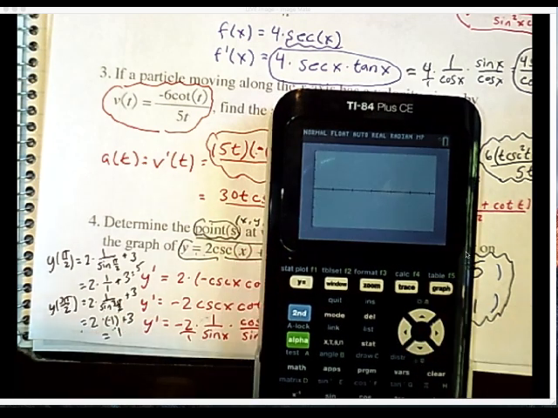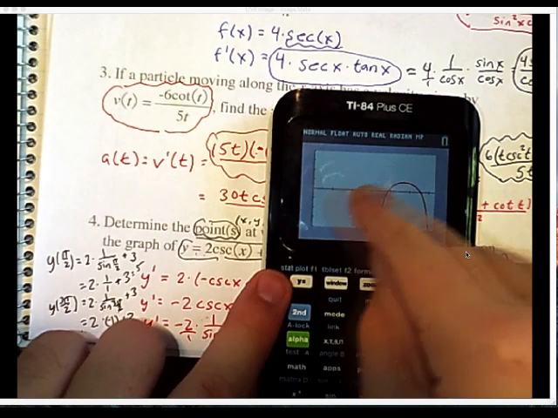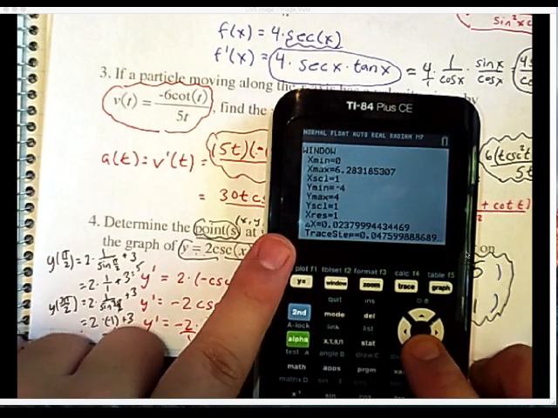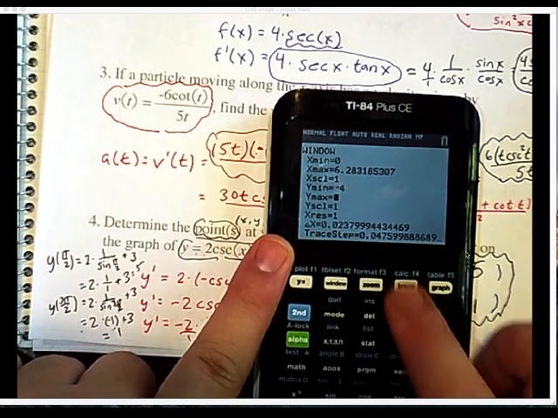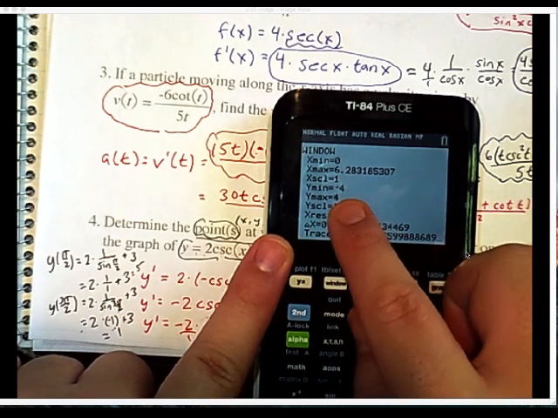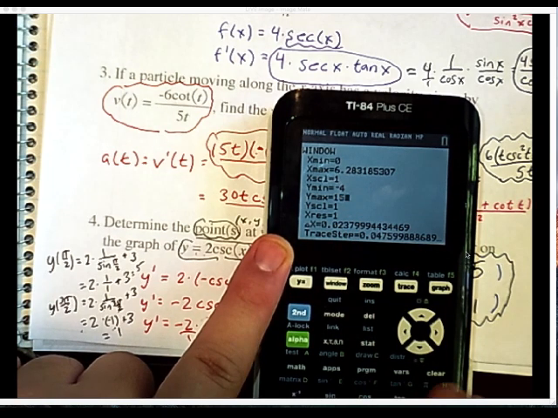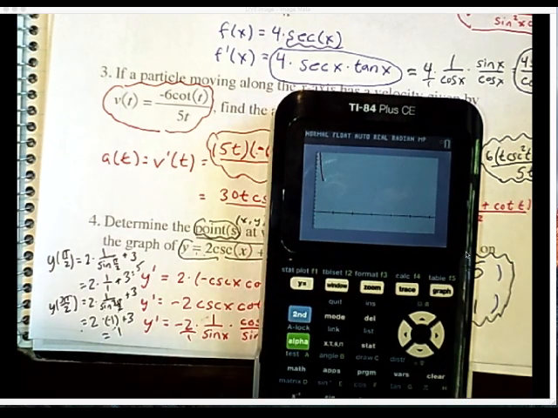Let's see if that does it for us. Okay, I see part of the graph, but I don't see anything over here, so I might have to change my window a little bit. So maybe instead of just going to negative 4 to 4, maybe we go negative 4 to 15. Maybe that'll do it. Oh, okay, here we go.